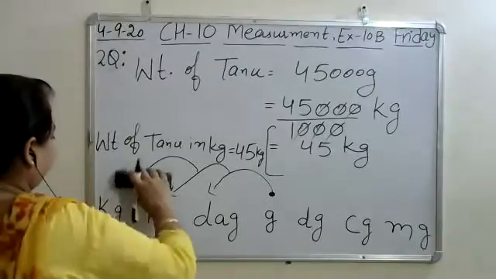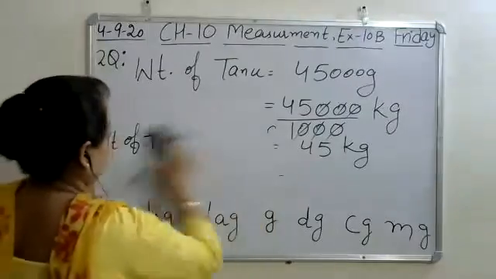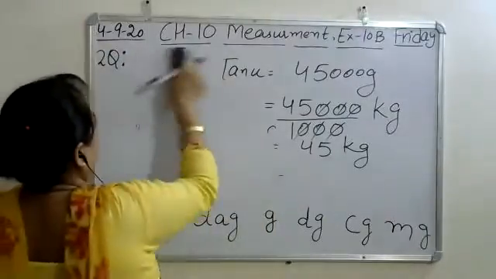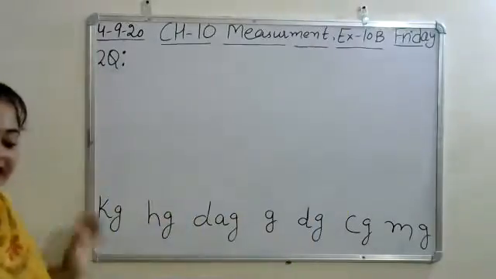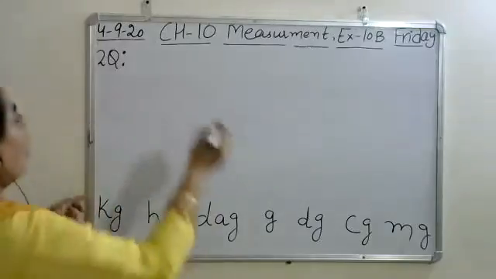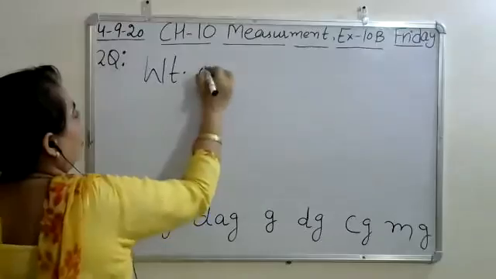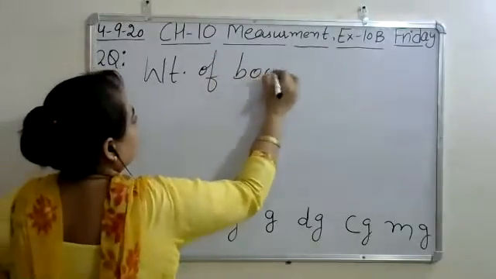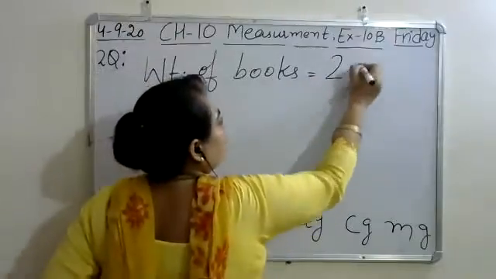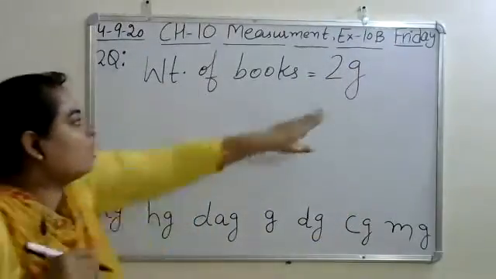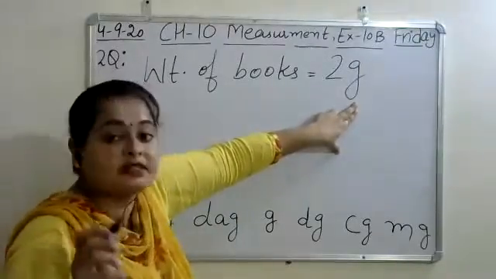Second question. We will write here weight of books is equal to 2 gram. Gram is given. Again in the question, gram is given to you.